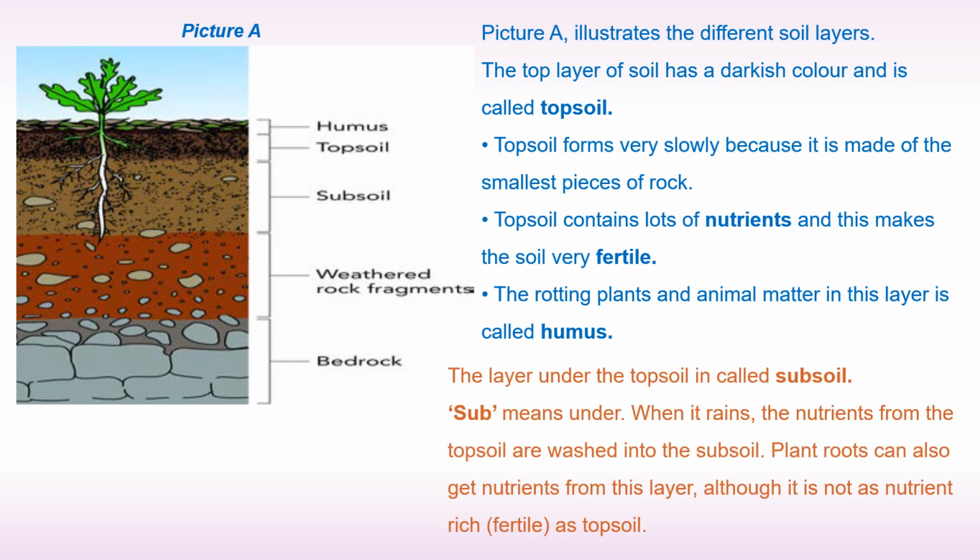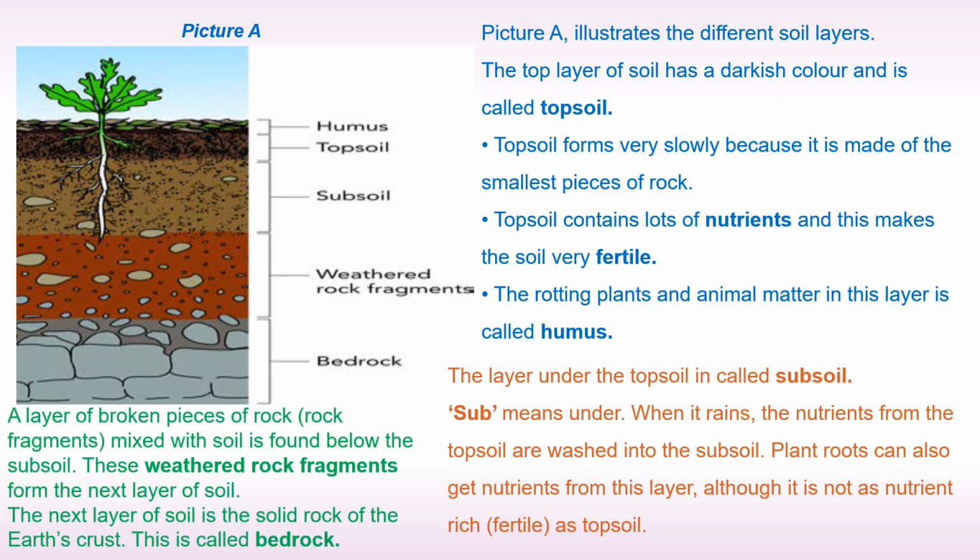Now the layer under the topsoil is called subsoil. Sub means under. When it rains, the nutrients from the soil are washed into the subsoil, and the plants' roots can also get nutrients from this layer, although it is not as fertile as the topsoil. The topsoil is the most fertile soil.